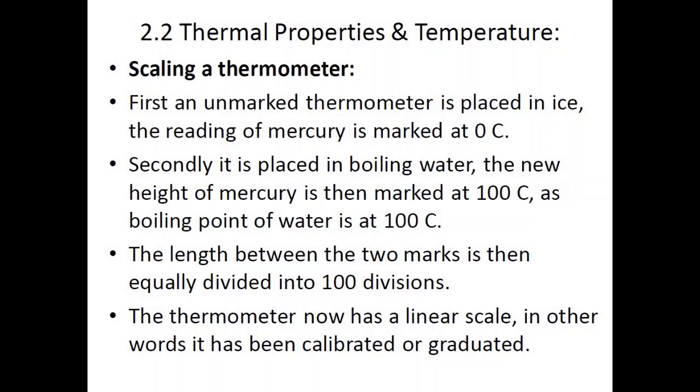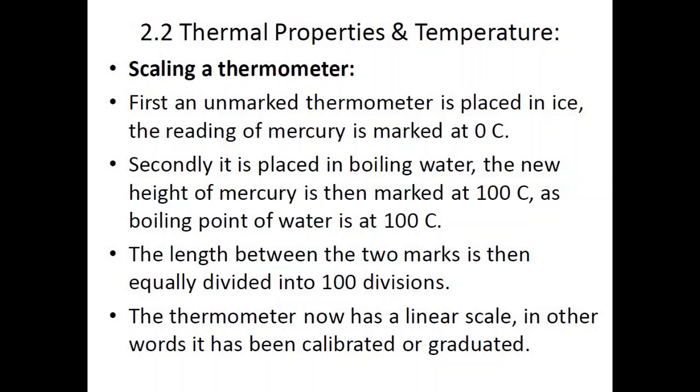The level of mercury at that time in that ice is marked at 0 degrees centigrade, because we all know ice melts at 0 degrees centigrade. Then the thermometer is taken out of ice. It is let to come to room temperature, and then it is put in boiling water.